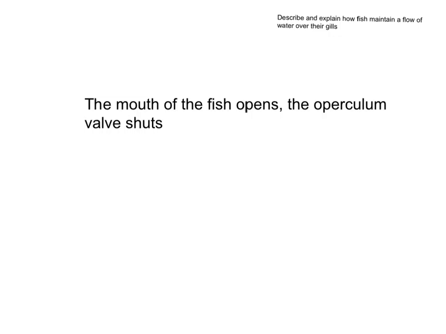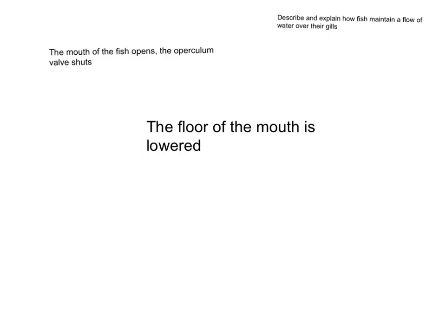So what happens? Well, the mouth of the fish opens and the operculum valve shuts. The floor of the mouth is then lowered. As you know, this is going to cause a decrease in pressure and water is going to enter the fish.